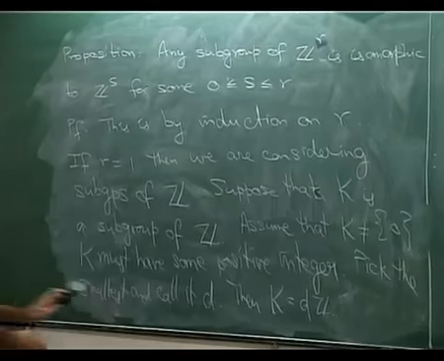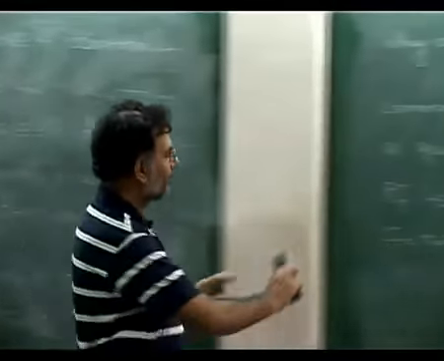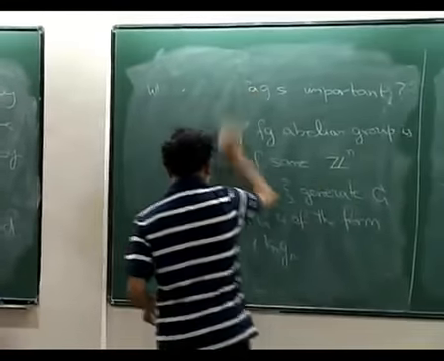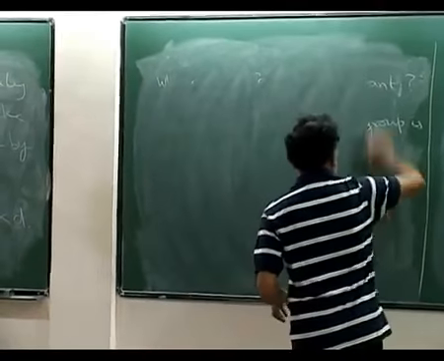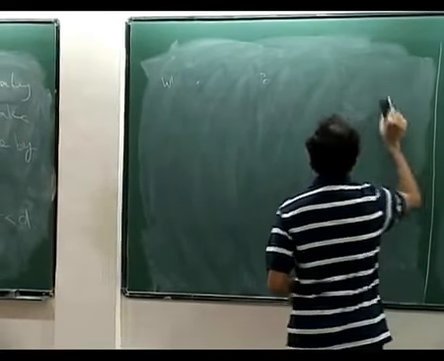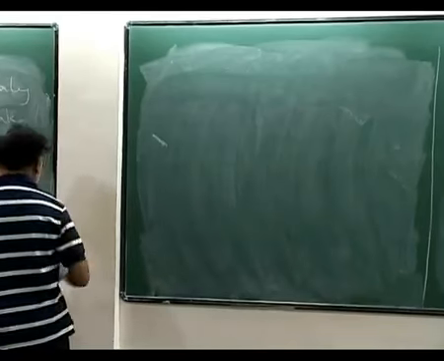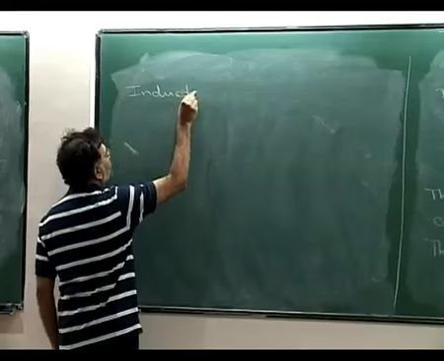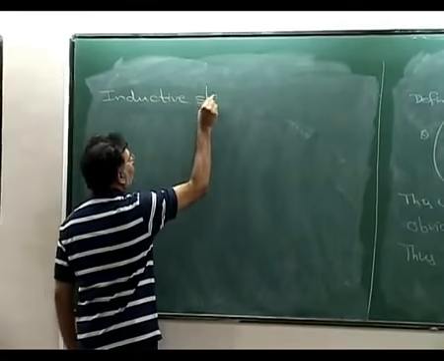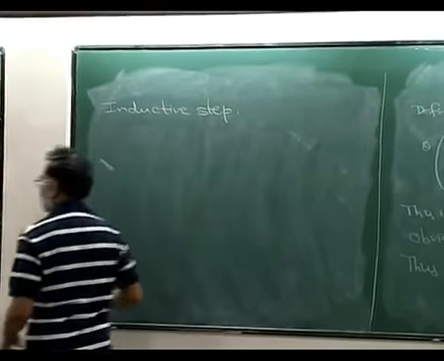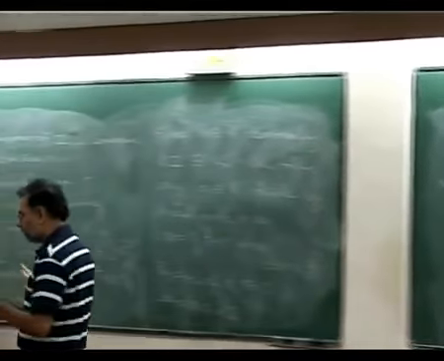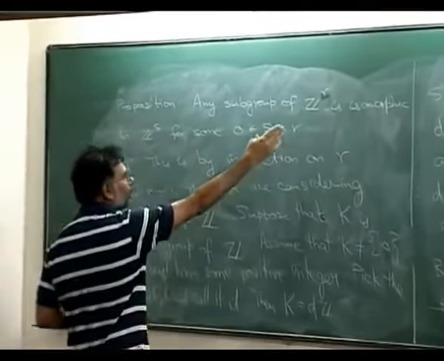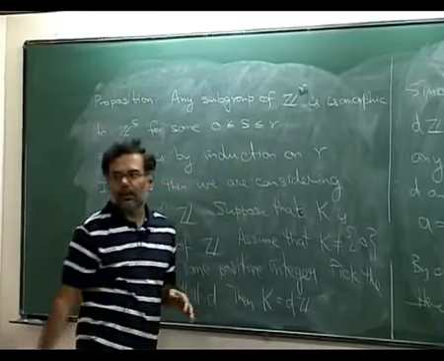So now let us do the inductive step. We now assume that we have proved it for R up to something, up to K minus 1.